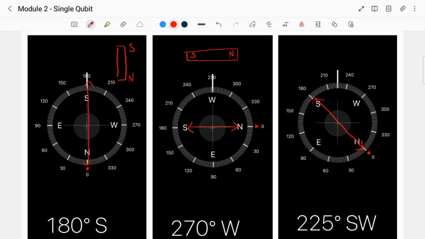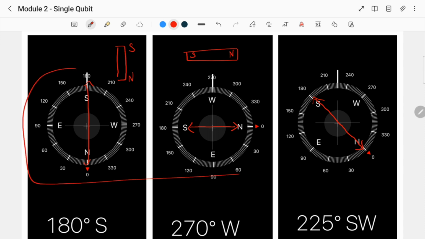So this is a better example to define a qubit. When we collapse it or measure it, it is always in the north-south direction according to the applied magnetic field. However, if we now forget the magnetic field of the earth, let's say there's no magnetic field and the compass is free to rotate, it can be in any of these directions, right?